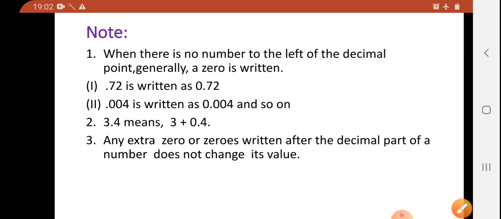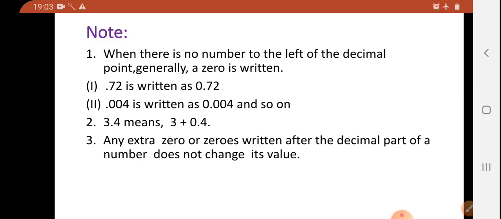Note number 3: any extra zero or zeros written after the decimal part of a number does not change its value. That means after the decimal part of the number we can write many zeros, but the value of the number will be the same.